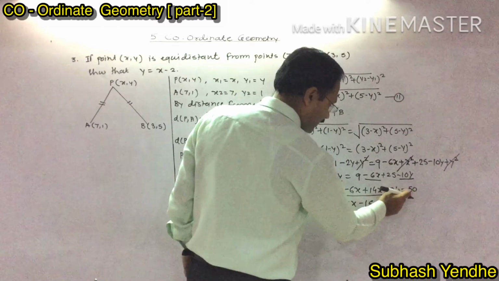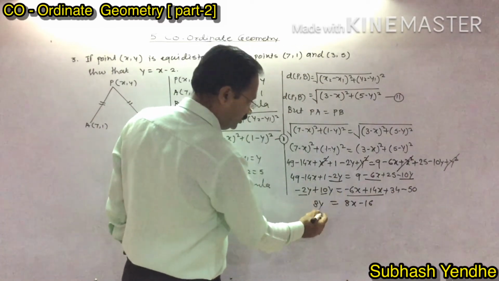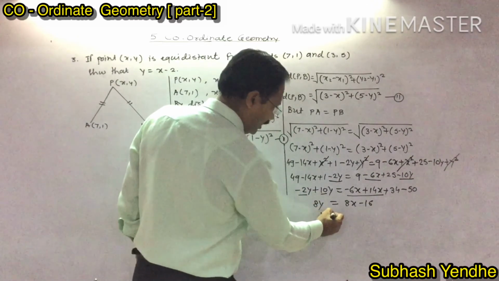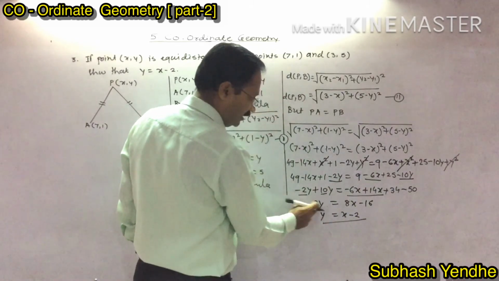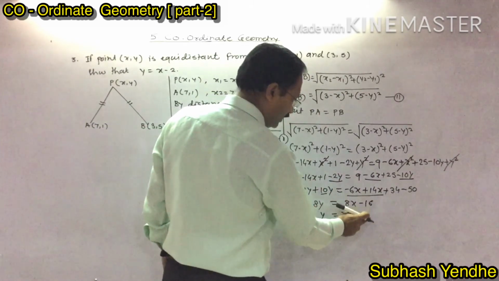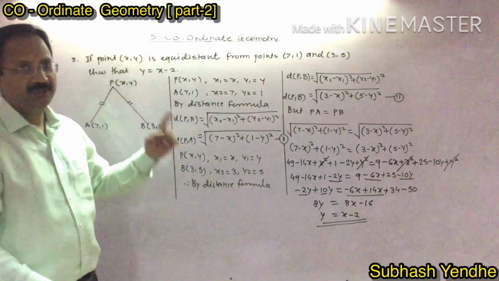Signs are different, subtraction and give the sign of the larger number. If I divide it by 8, you will get y equals x minus 2. 8 cancels, 8 twos are 16. So hence y equals x minus 2 is proved.